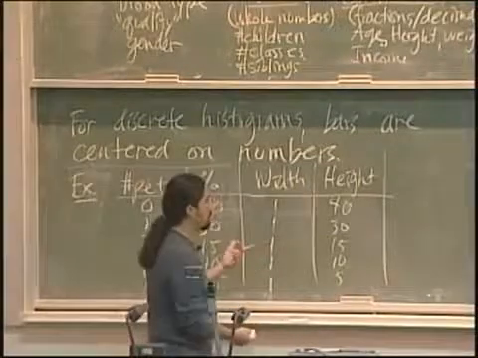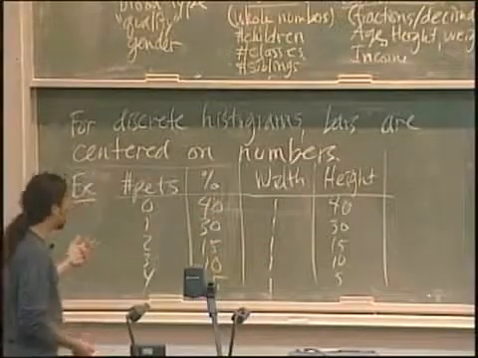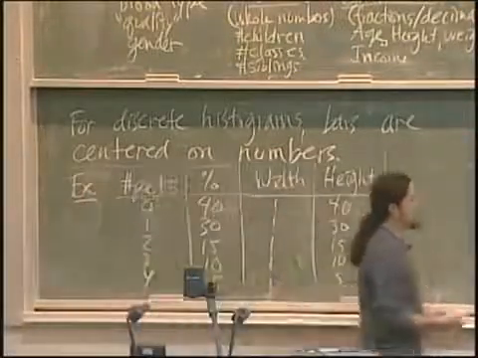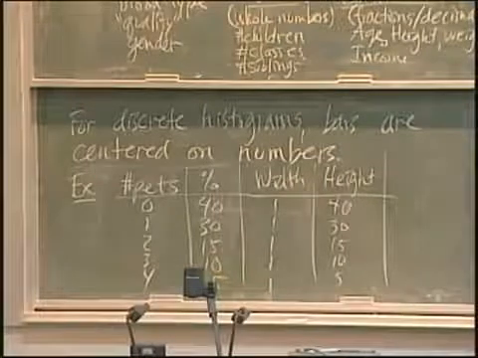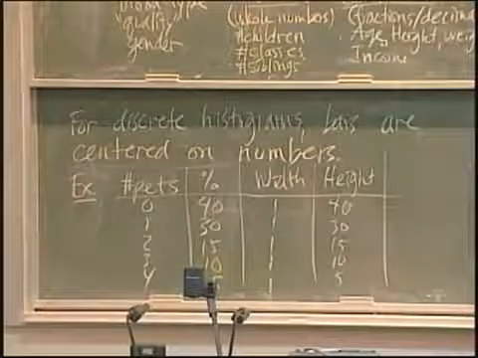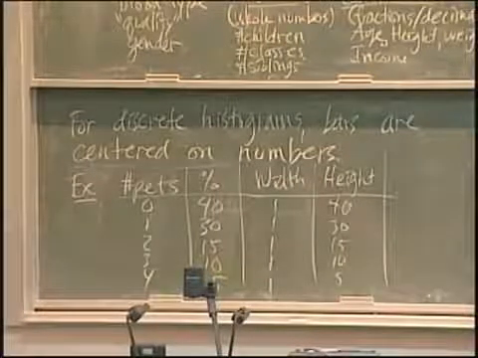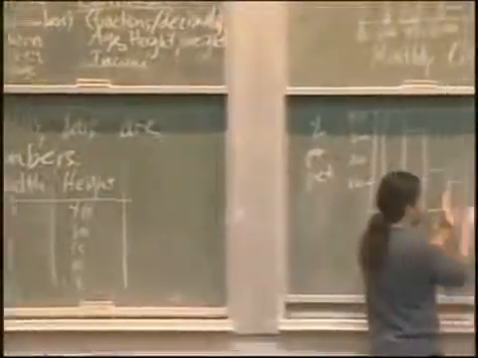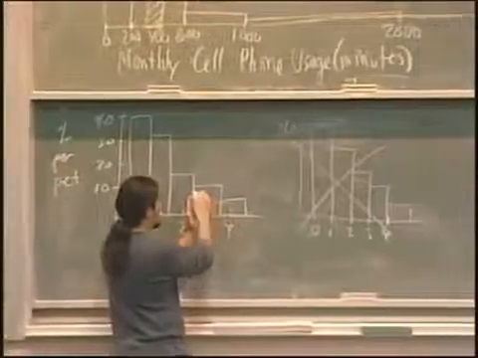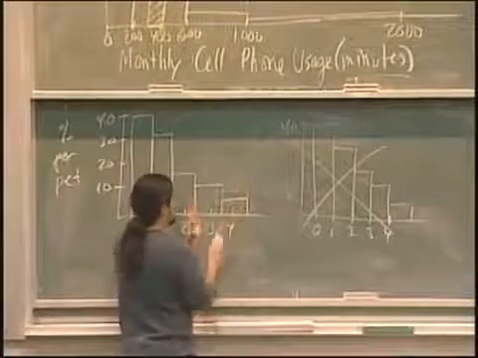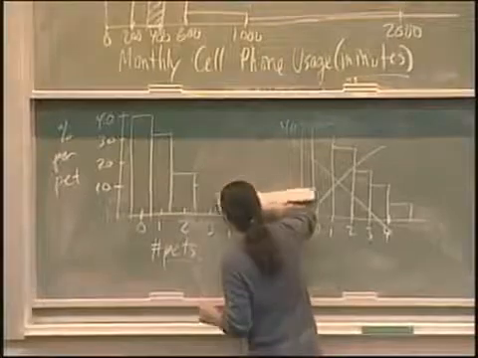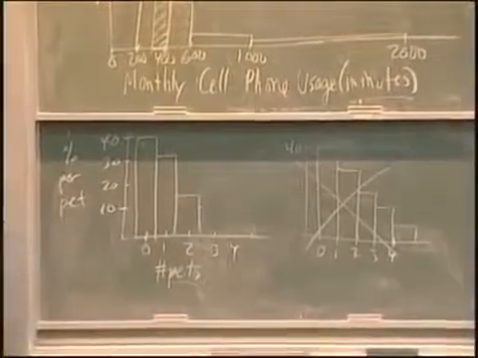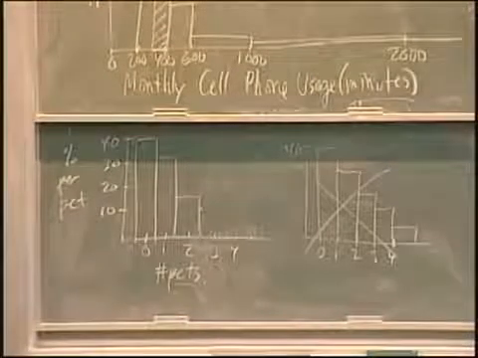I do want to make one more comment about this, which is that it's not absolutely necessary to have one bar for each number. If you wanted to, you could make the last bar 3 or 4 pets. Actually, I'll erase it and redraw it. So what percentage of everyone has 3 or 4 pets? 15% of everyone has 3 or 4 pets.